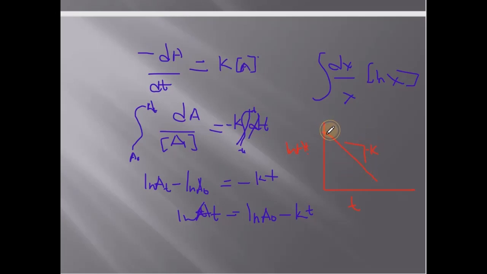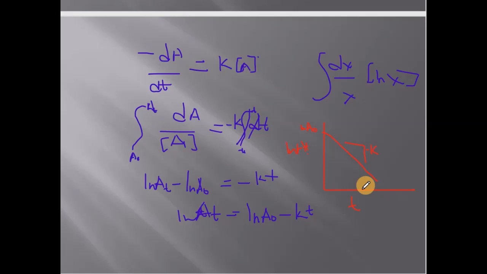The intercept on the y-axis is ln A naught. That means that when you have a curve of ln At against t, then we have a negative slope. That curve, or the reaction, can be said to be a first order reaction.